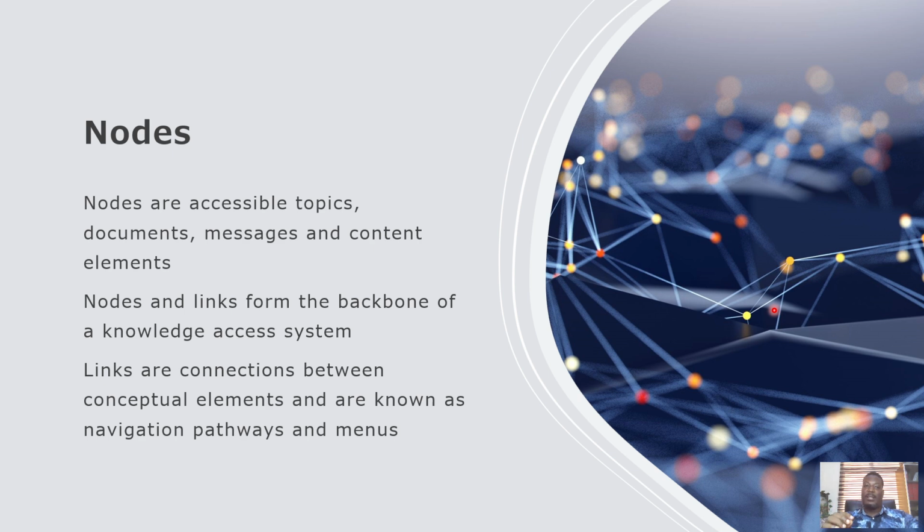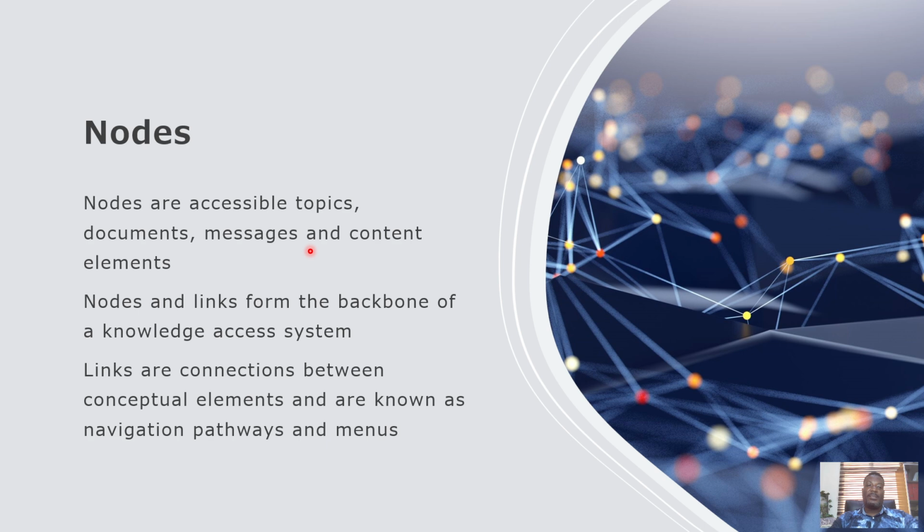We have the nodes. So the nodes are accessible topics, documents, messages, and content elements. Because they are all connected, each of the nodes could be an accessible topic. It could be a document with messages and also content elements in there.